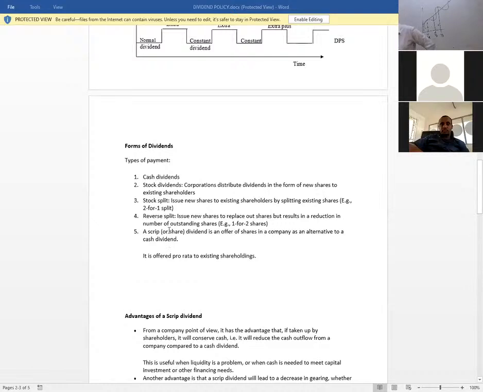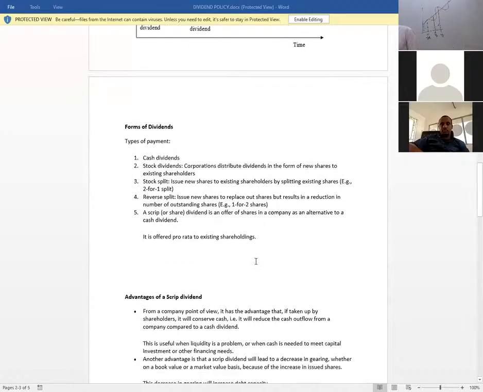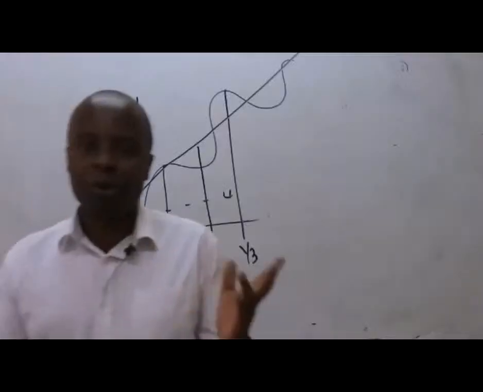You need to know under scrip or share dividend is an offer of shares, just like the stock dividends. So if somebody asks you what is a scrip dividend, it's an offer of shares in a company as an alternative to cash dividend. So under scrip mode, we are giving you two options.